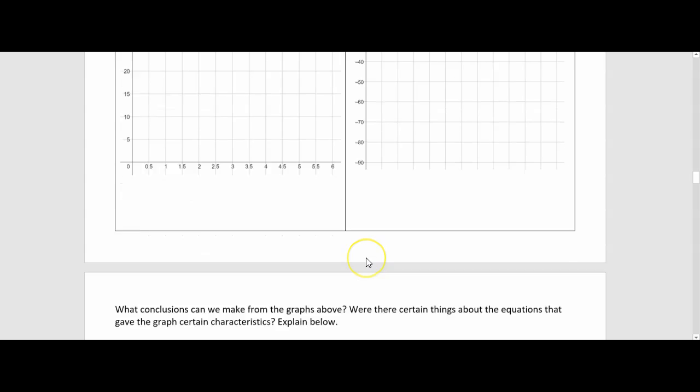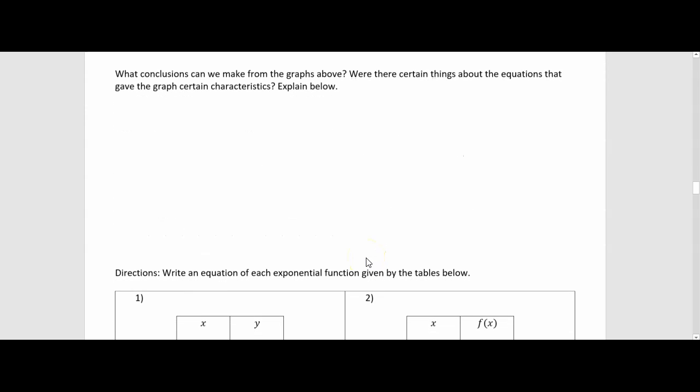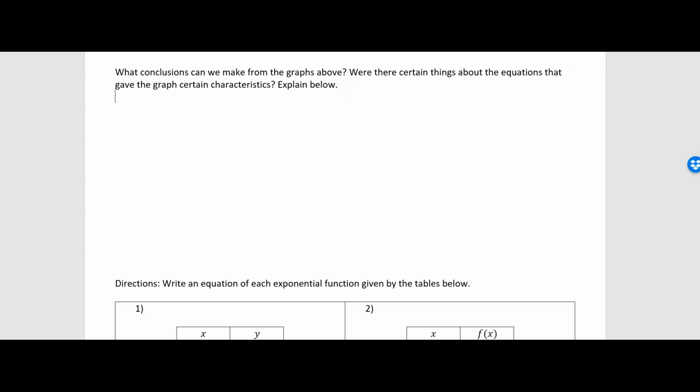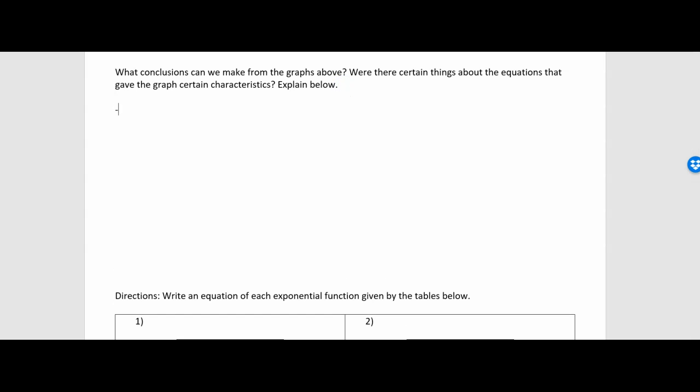Okay, I think we are going to pause the video here. You know what, let's fill in these conclusions though, and then we will pause and we'll make a part 2 for the rest of this lesson. So what we just talked about: if the constant ratio is greater than 1, then the function moves farther away from the x-axis.